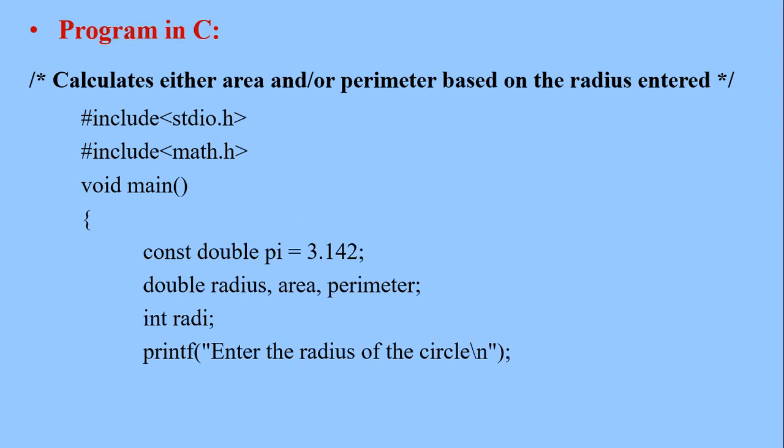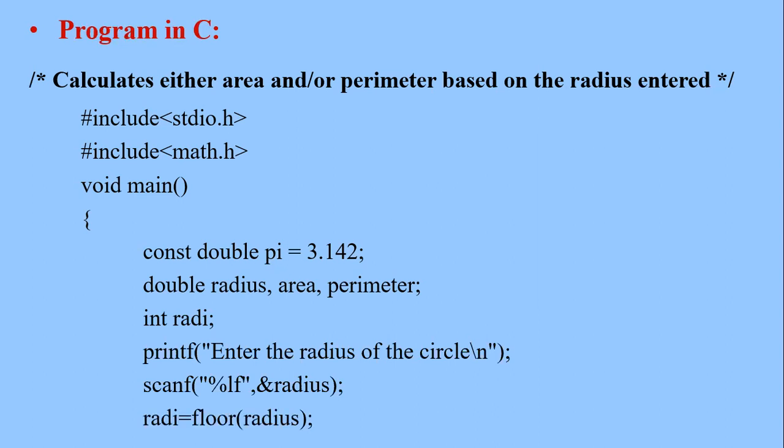Then we display the message, enter the radius of the circle, and we drop one line on the screen. So the user will enter the radius below that statement on the screen. After pressing enter, that value will be picked by the processor and stored in the memory location called radius, which is of type double.